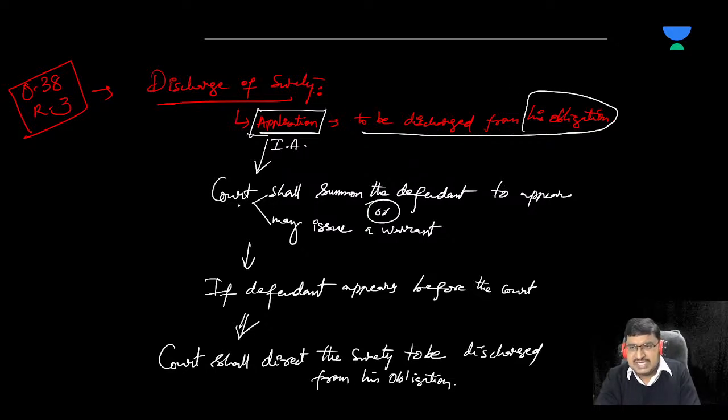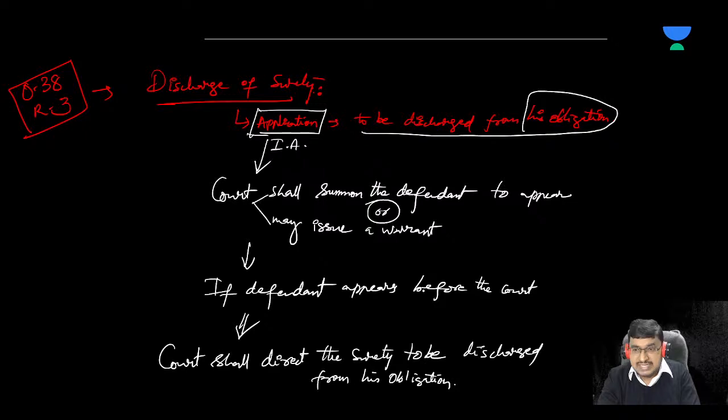Then, after satisfying the reasons stated in his application, the court shall summon the defendant to appear before the court of law, or the court may issue a warrant for his arrest.